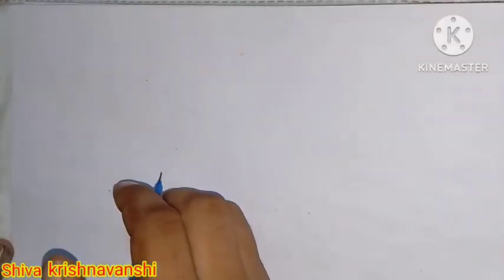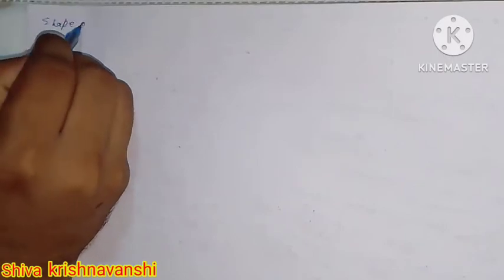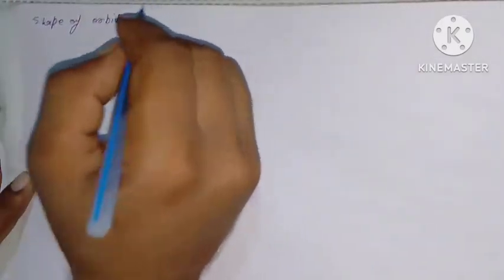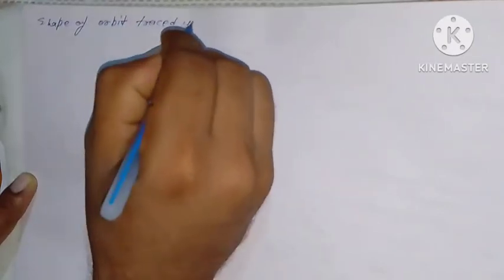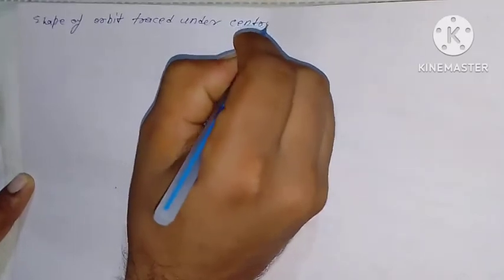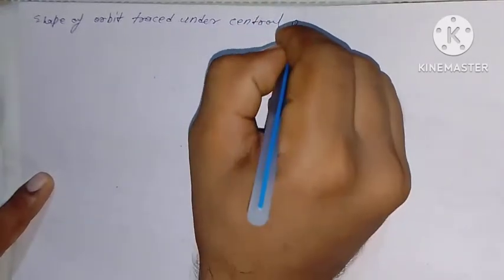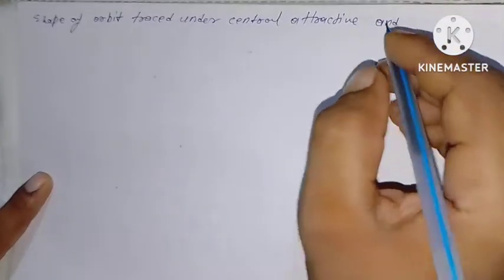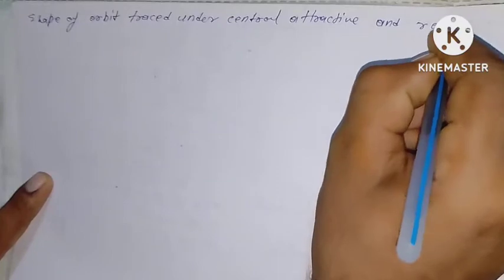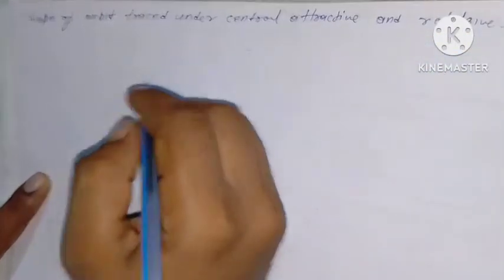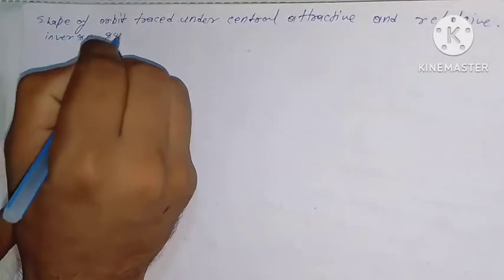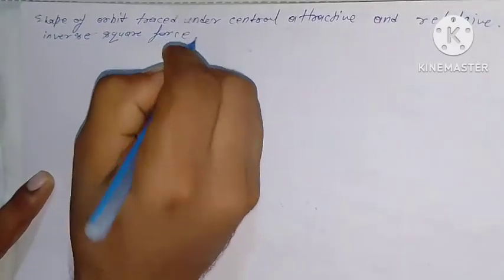Next heading is shape of orbit traced under central attractive and repulsive inverse square force.